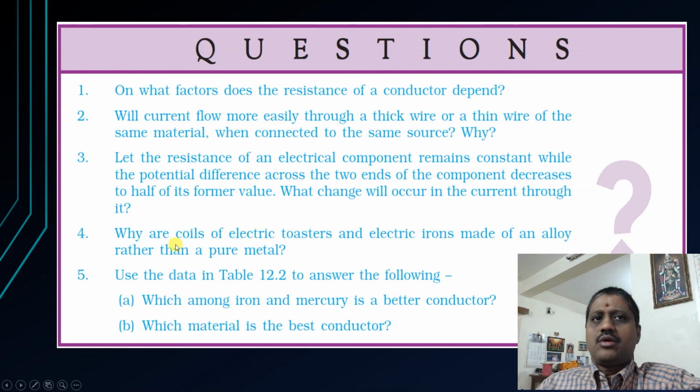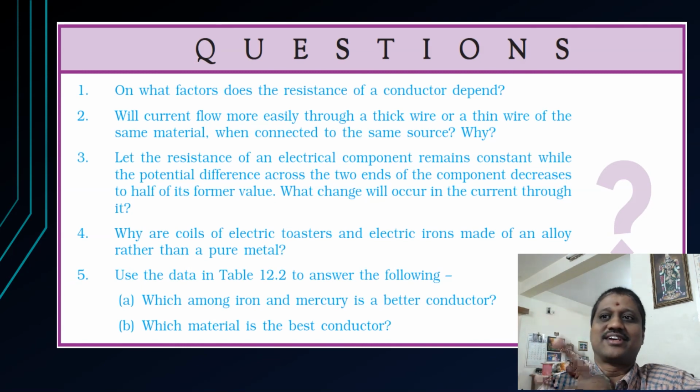Okay, why are the coils of electrical towers and electrical irons made of alloy? When we are talking about alloy versus pure metal, you are comparing materials. So when we are comparing, you should not talk about resistance, you should talk about resistivity. That you have to be clear about.